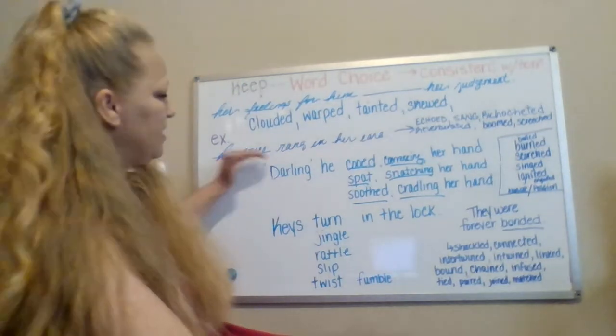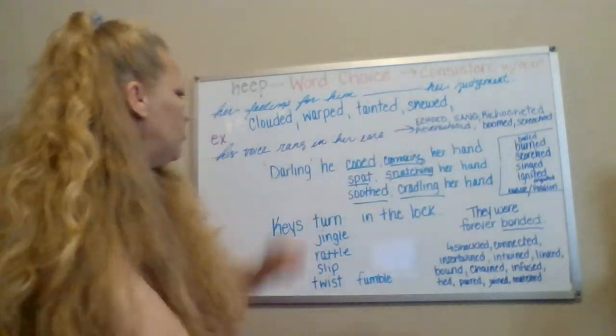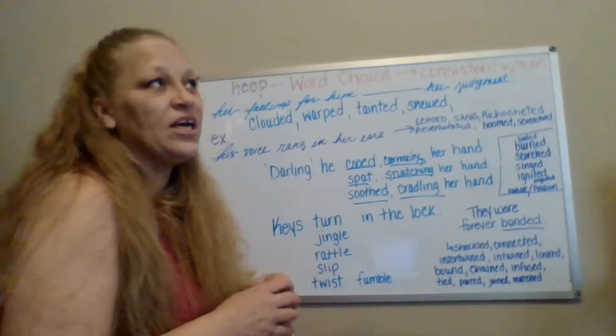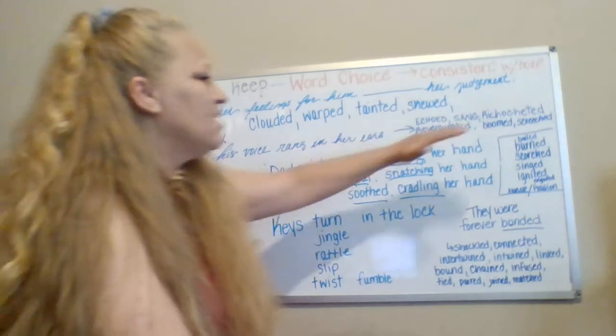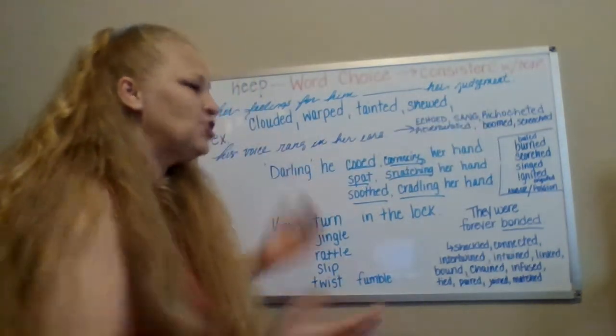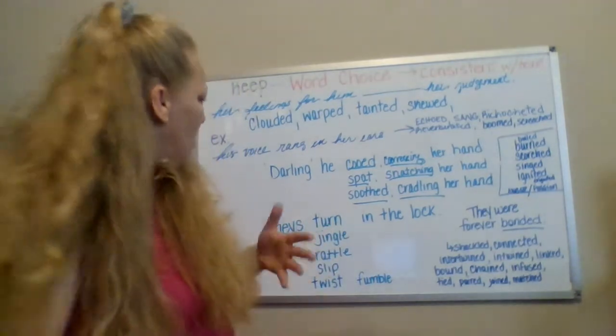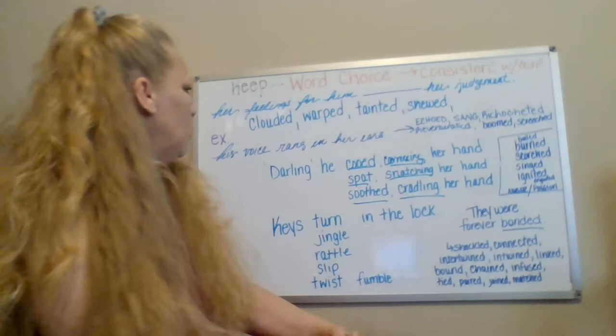If I said "his voice echoed in her ears," this might be a callback to something romantic. "His voice sang in her ears." Again, the connotation is light. It's more of a positive type of word.